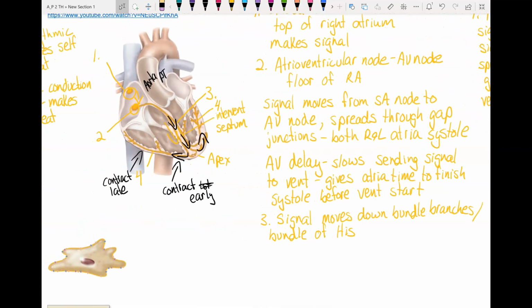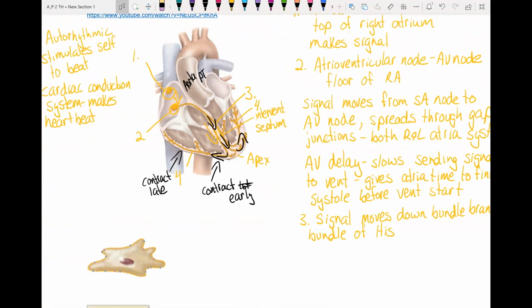Okay, so these are the parts of the conduction system. The SA node is known as your pacemaker. It's what sets your heart rate. It creates the signal and sends it to the AV node. As the signal moves from SA to AV, it spreads through gap junctions and both atria contract. You have the AV delay, where you give the atria time to finish.